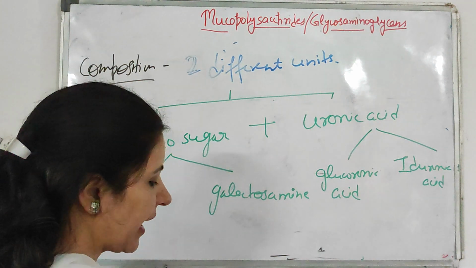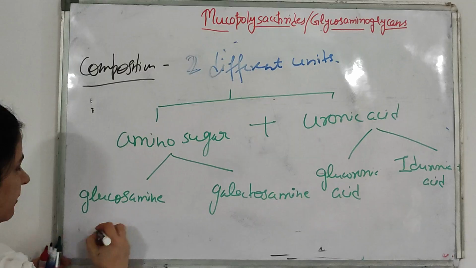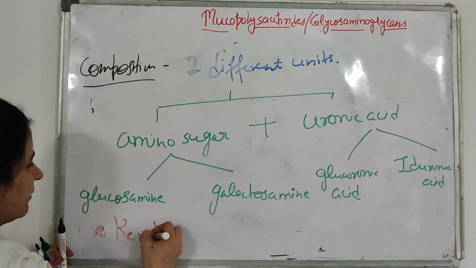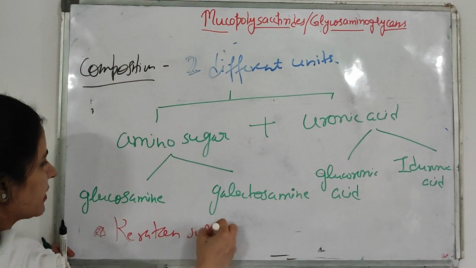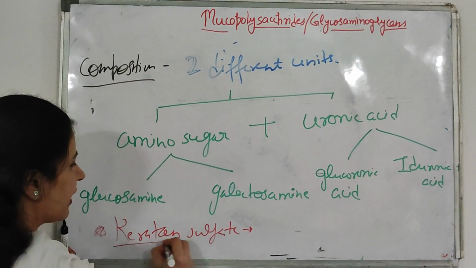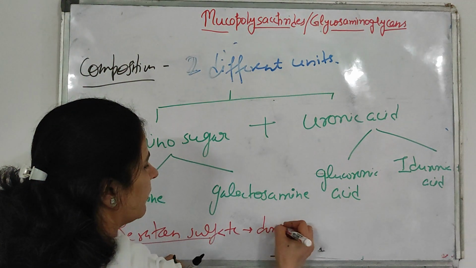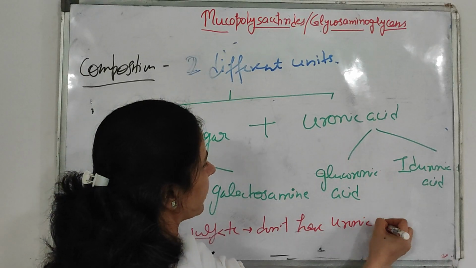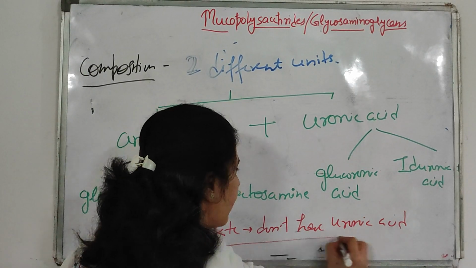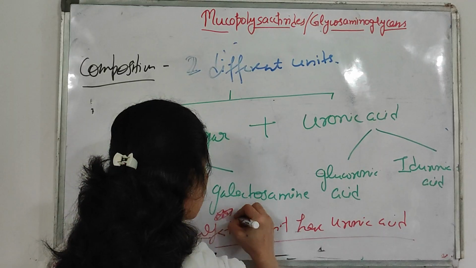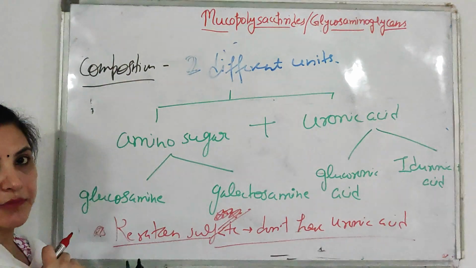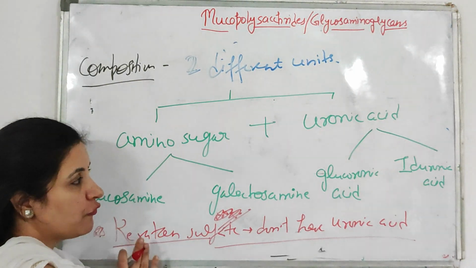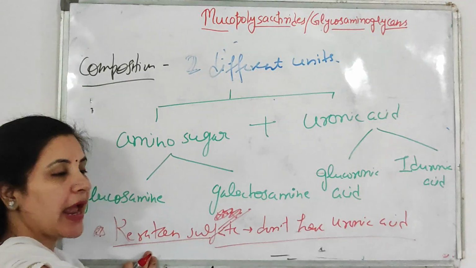Now remember, there is one exception, that of keratin sulfate. Keratin sulfate is the only GAG which doesn't have uronic acid. Always remember this; it is a very, very important MCQ asked multiple times in many exams, and for your viva also: which glycosaminoglycan or mucopolysaccharide doesn't have uronic acid.